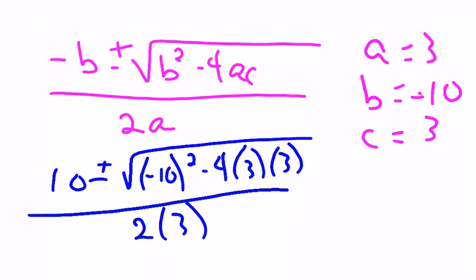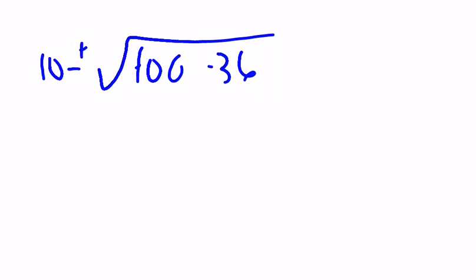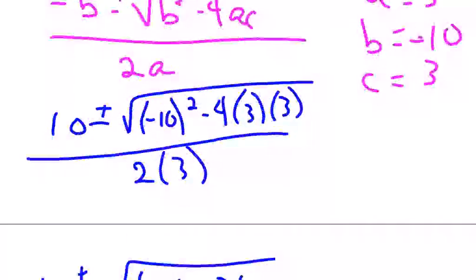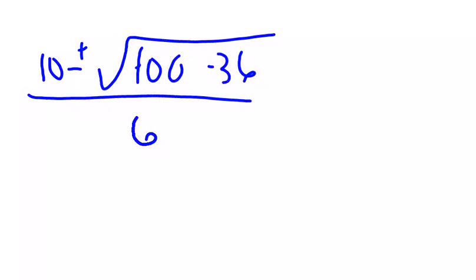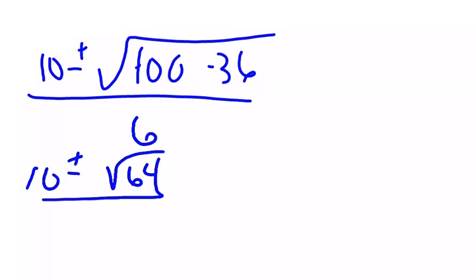And so -10 squared is 100, and then we have 4 times 3 times 3, and that gives us 36. And so now we have 100 minus 36. So we have 10 plus or minus the square root, 100 minus 36, and then we have 2 times 3, which is 6. So now we have 100 minus 36, that gives us 64. So 10 plus or minus the square root of 64 over 6.